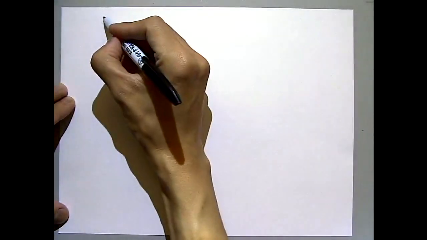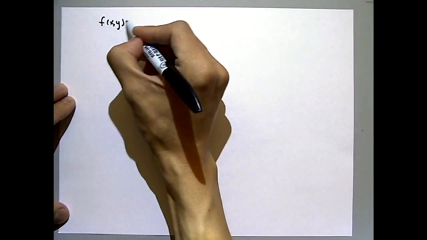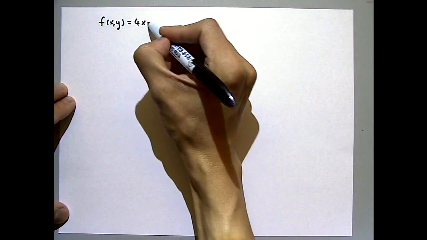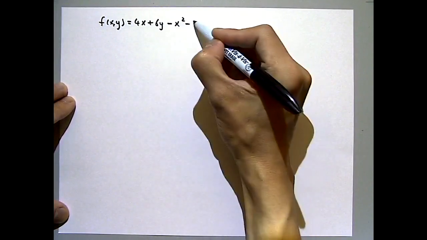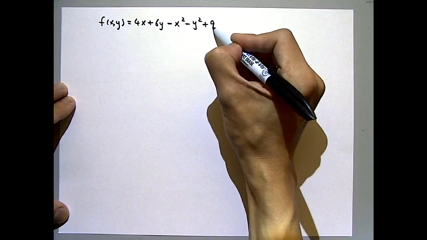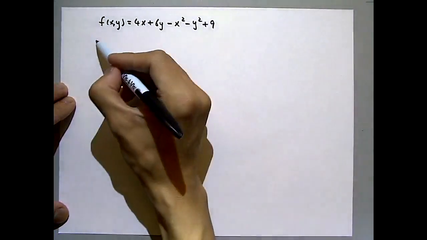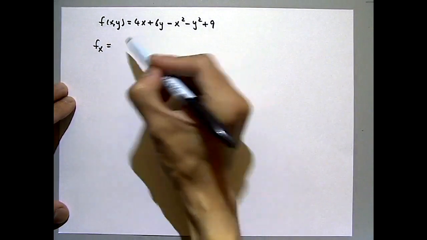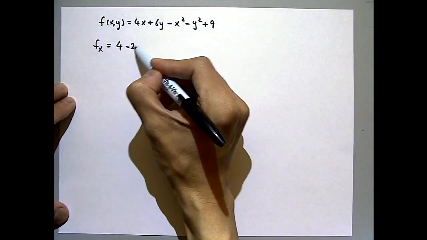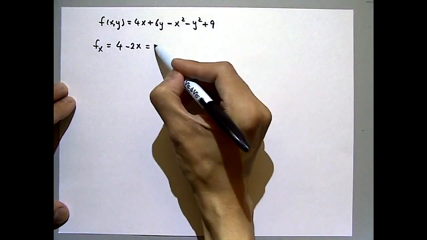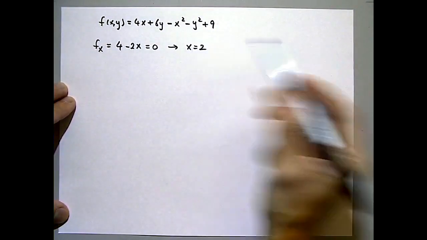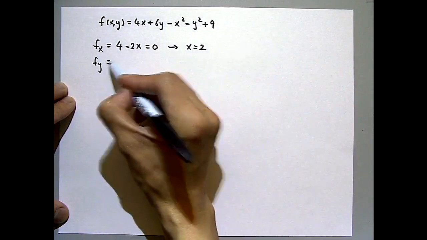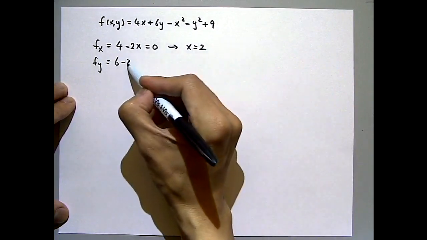Okay, let's get the critical points first, that we know how to do. We can get that very easily. I'm just rewriting the function here before I operate on it. Critical points: f_x, 4 minus 2x is equal to 0. So this means x is equal to 2. f_y is equal to 6 minus 2y.